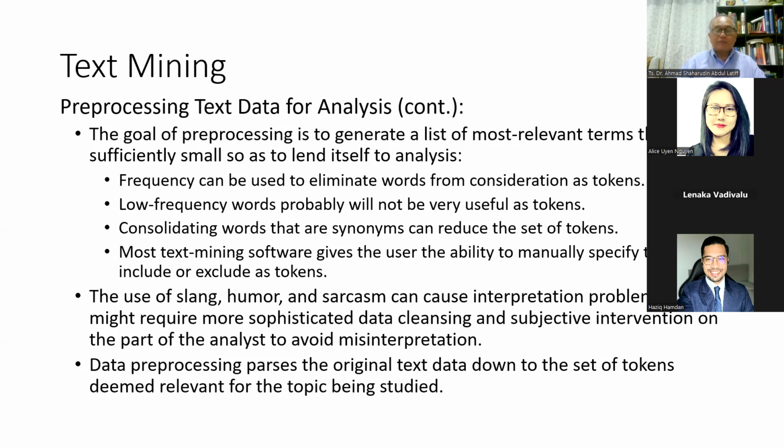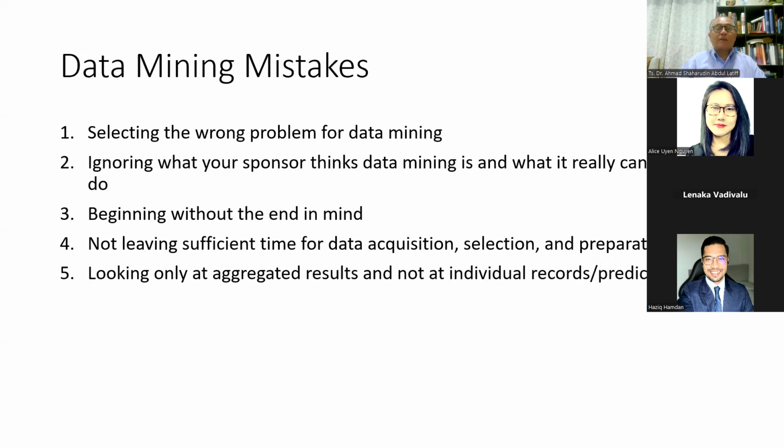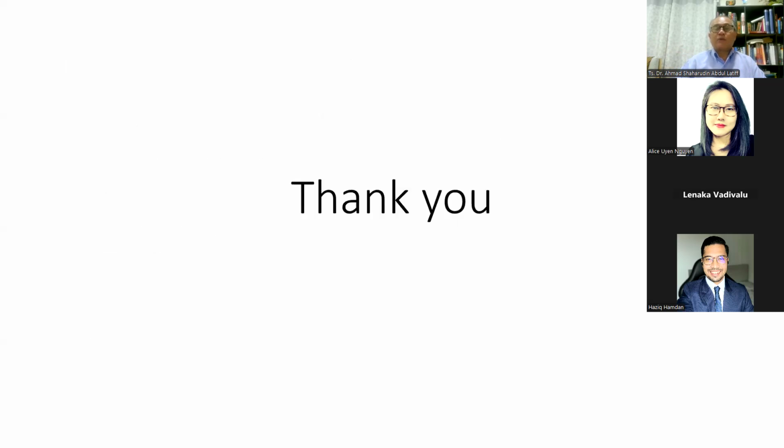And then we'll do parsing, to break the sentence into a set of tokens. And then we'll come back to this term document matrix later. So I'll move on to the next chapter, topic 4, which is the topic that we'll cover today.